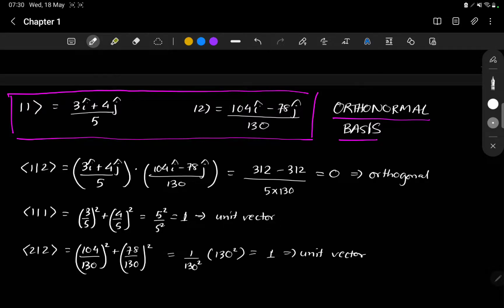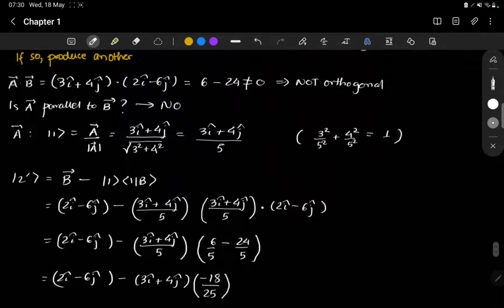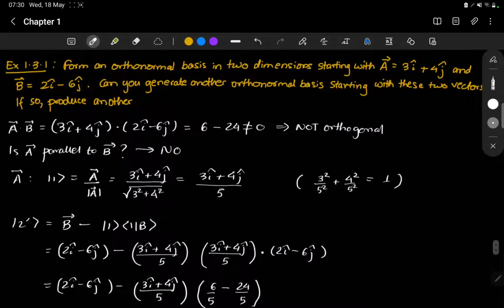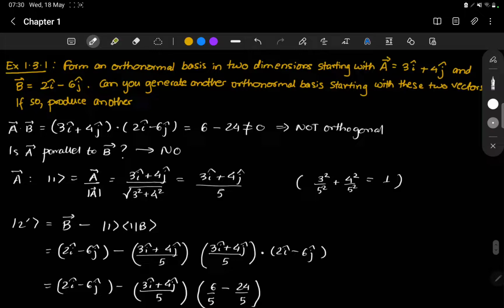Then we come to the second part of the question. The second part of the question said, can you generate another orthonormal basis starting with these 2 vectors? So yes, indeed, we can generate another orthonormal basis. And how can we do that? Remember that we used the vector A as our first vector and normalized it by its length.